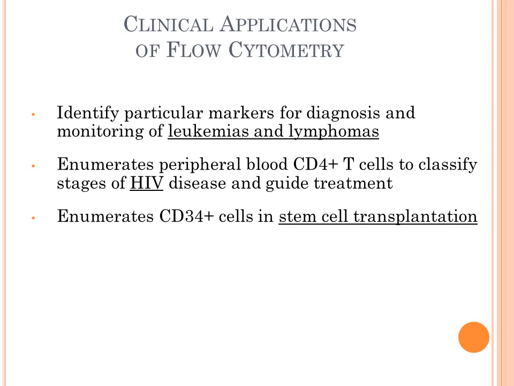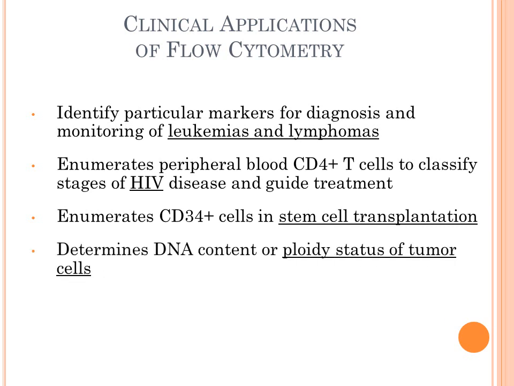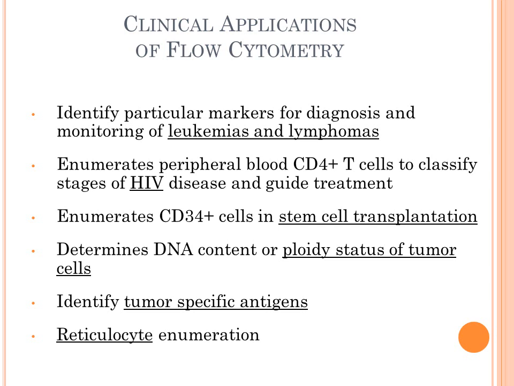In stem cell transplantation, a good use is to count CD34 cells because these indicate that the cells are indeed stem cells. We can use it to determine the ploidy status of tumor cells. If we're looking for a specific antigen that is found in tumors but not in normal cells, we can use it to identify those, and we can use it to count.